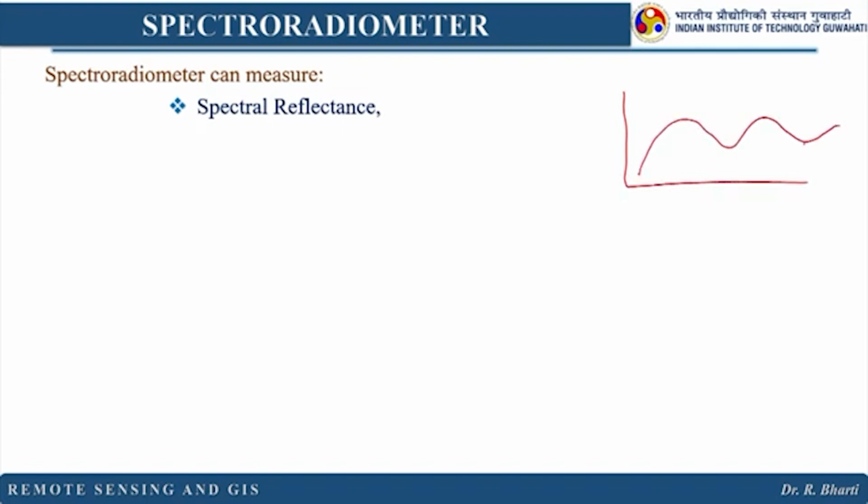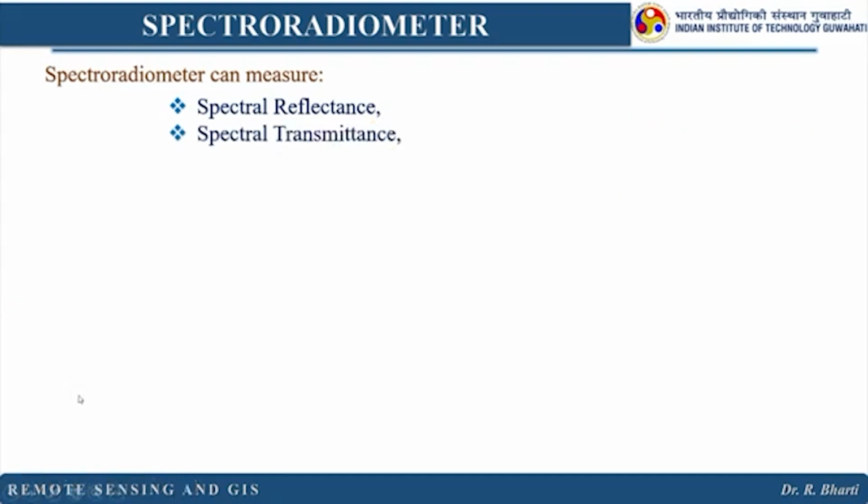Suppose this is one measurement, the next measurement will be immediately after that. Why? Because you will not have any gap between the measurements. That is why you are able to produce this kind of spectra. We use this reflectance calculation for many wavelengths, and that is why we call it spectral reflectance.